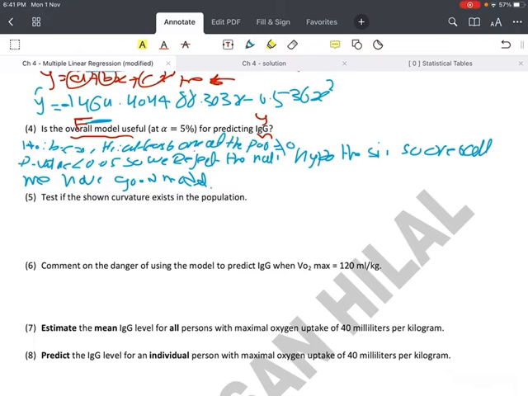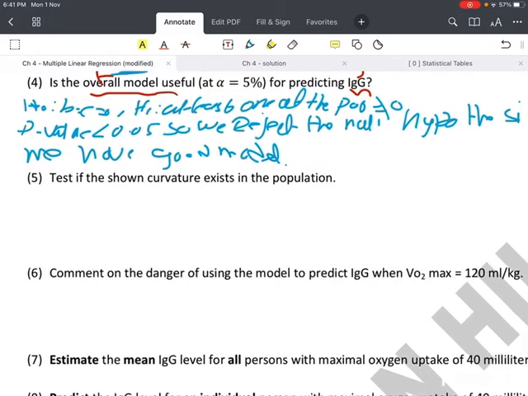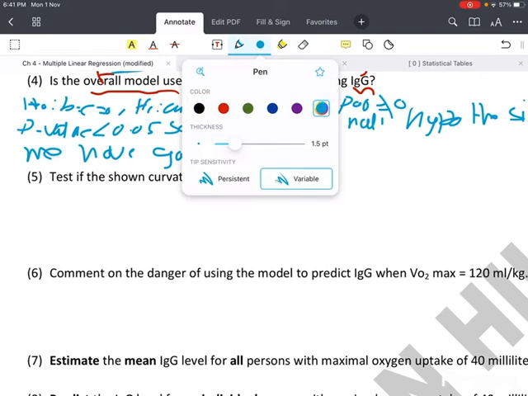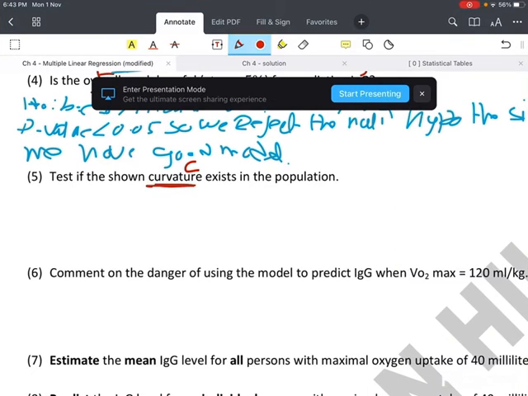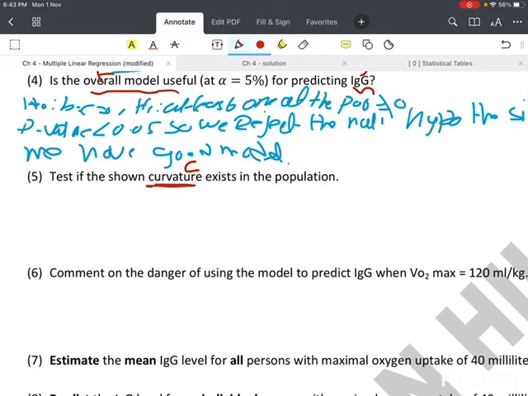About exercise 5: test if the shown curvature exists in the population. So here they need me to test for C. How will you test for C?